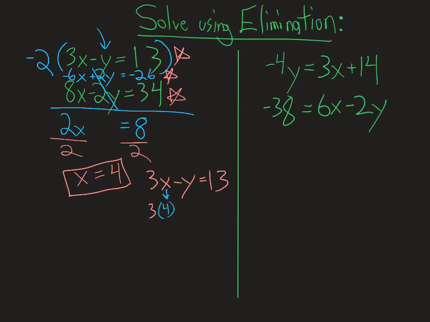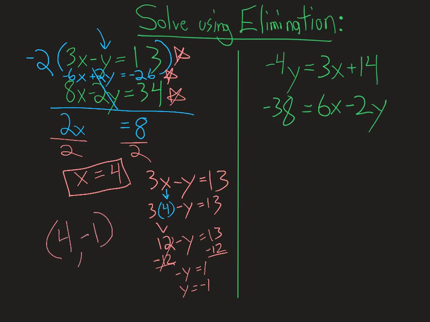Plugging in to solve. 12 minus y equals 13. If -y equals 1, positive y equals -1, so my solution is (4, -1). There you go.